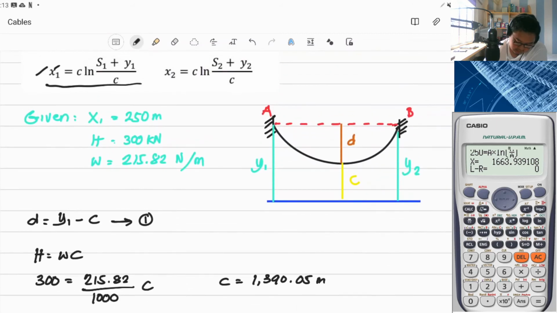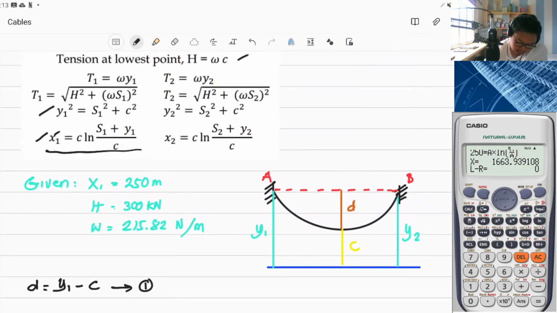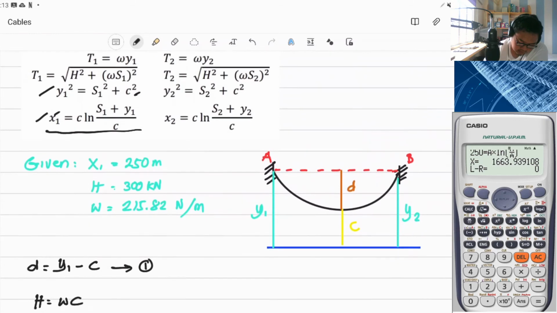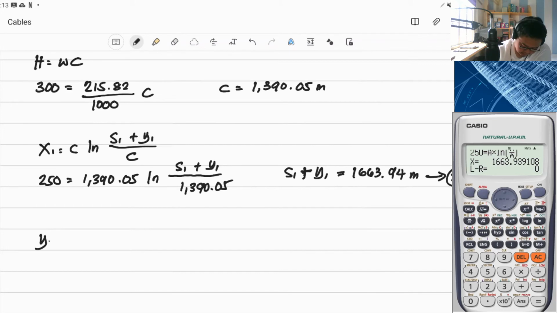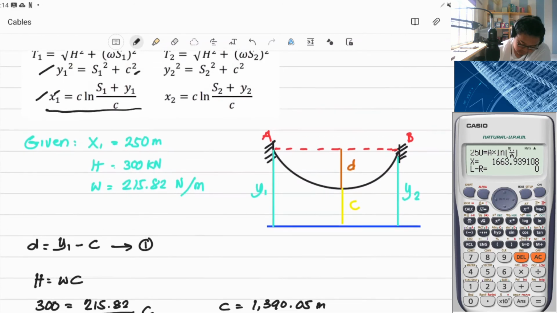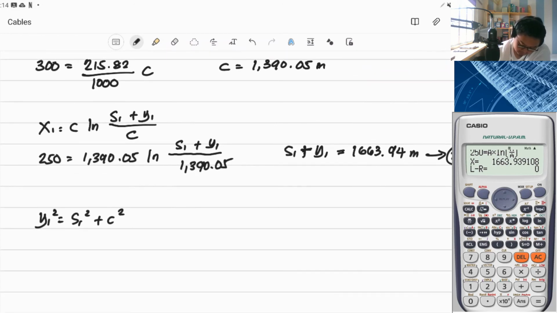Next is to use this formula so that we can have another equation because we have two unknowns. Y1 squared equals S1 squared plus C squared. Correct? We don't have Y1 squared and we don't have S1 squared, but we have C, which is 1390.05.